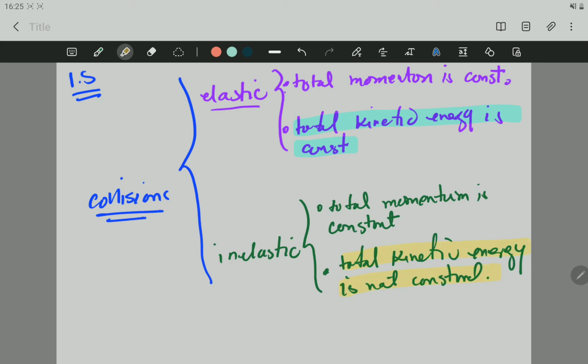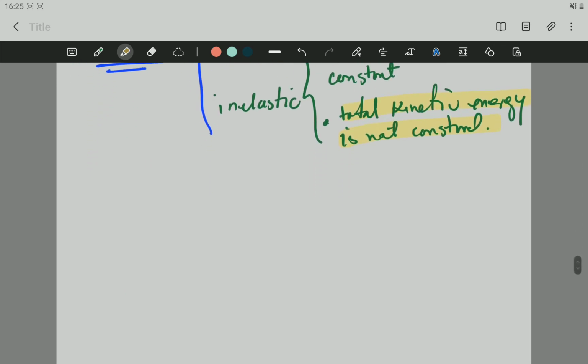So, how do we know if a collision is elastic or inelastic? Well, we need to calculate the total kinetic energy initial of the collision and the total kinetic energy after. Remember, this is just recording. The total initial kinetic energy is equal to the kinetic energy initial of the first object plus the kinetic energy initial of the second object.